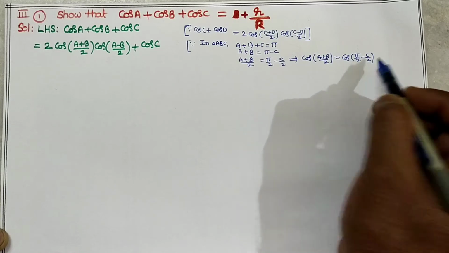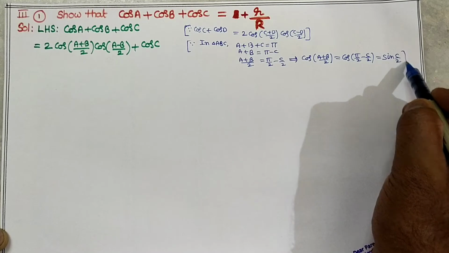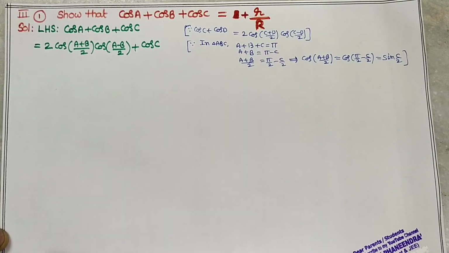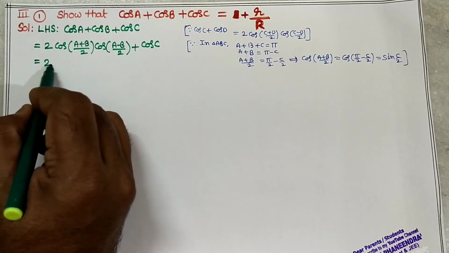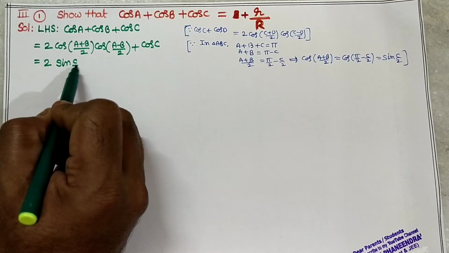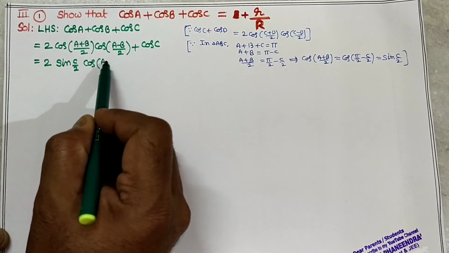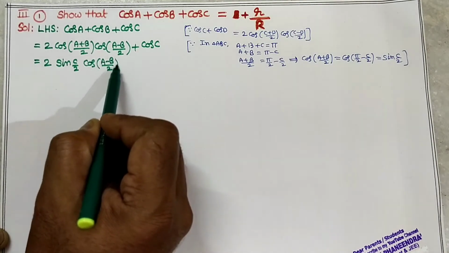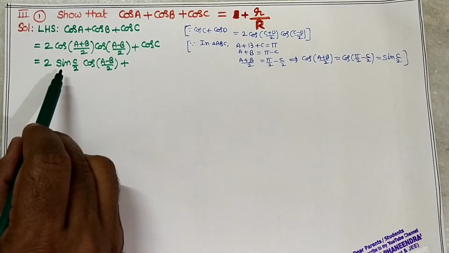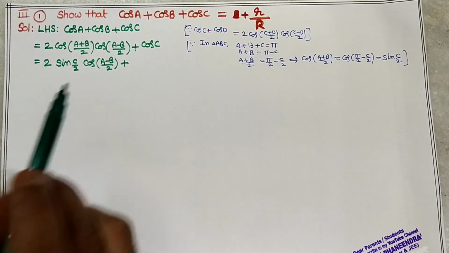What is cos of (90 minus theta)? Sin theta. So sin C by 2. So wherever cos of (A plus B) by 2 is there, you have to replace it with sin C by 2. So 2 into sin C by 2, into cos of (A minus B) by 2, plus cos C. Also cos C in terms of sin, you have to write the formula.